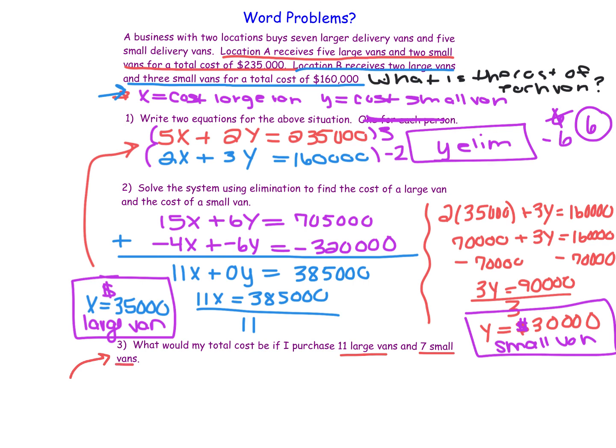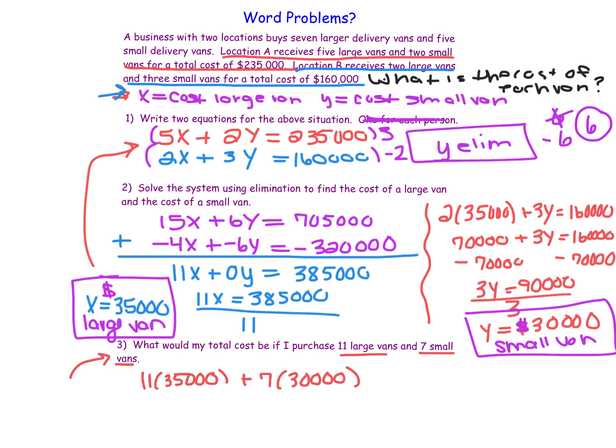Well, we can just use the two values that we found concerning cost. So I would take 11 times 35,000 plus 7 times the 30,000 for a small van.